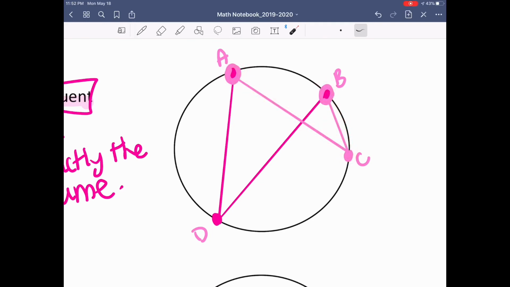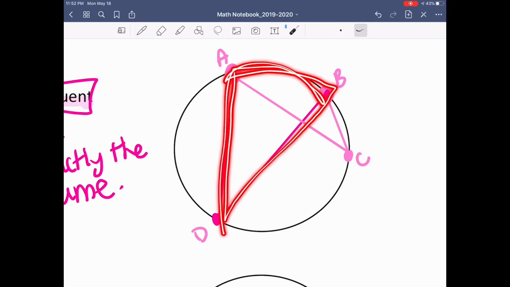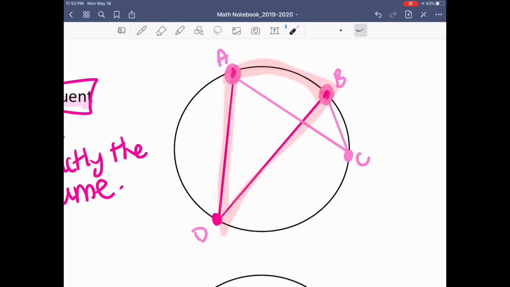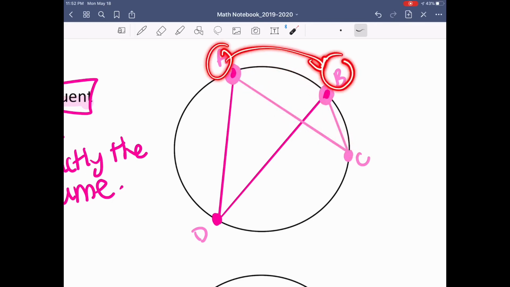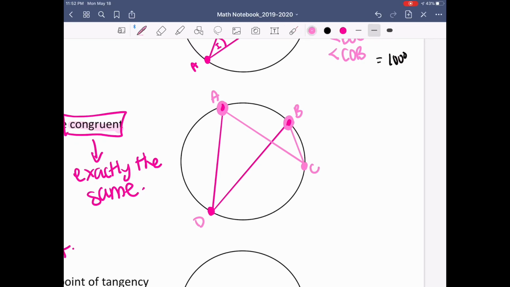So both of these, if you connect them and you make a pizza out of it, they both have the crust part of the pizza as the arc from A to B. Same thing with this one. It's a weird shaped pizza, but it's a pizza, the crust part is still the arc from A to B. So these are 2 inscribed angles that share the same arc.